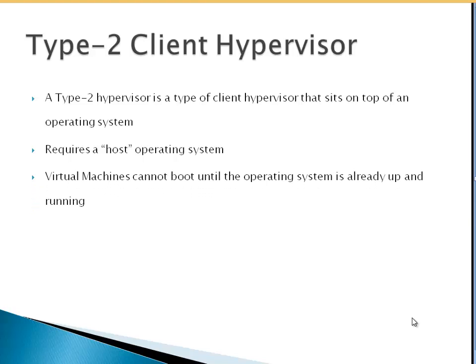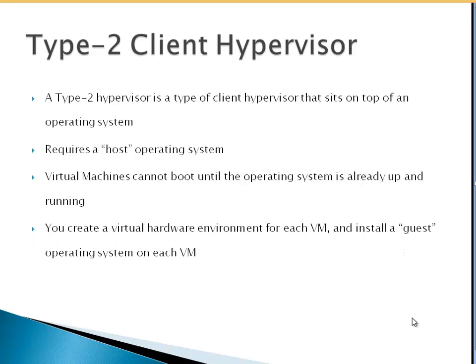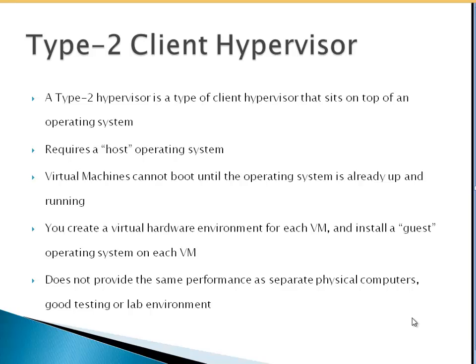Virtual machines cannot boot until the operating system is already up and running. You create virtual hardware for each virtual machine and install the guest operating system on each. It does not provide the same performance as separate physical computers, and is good for a testing or lab environment.